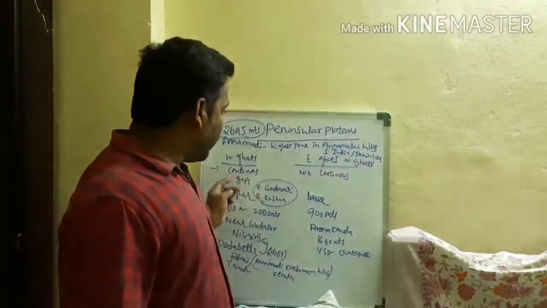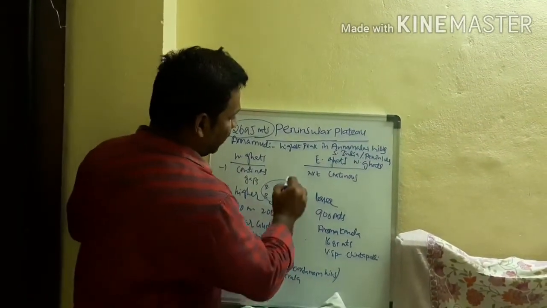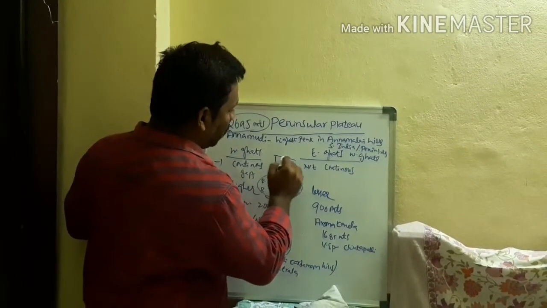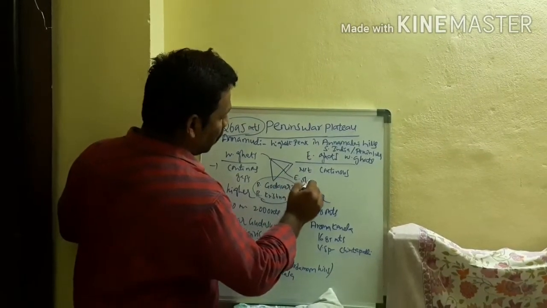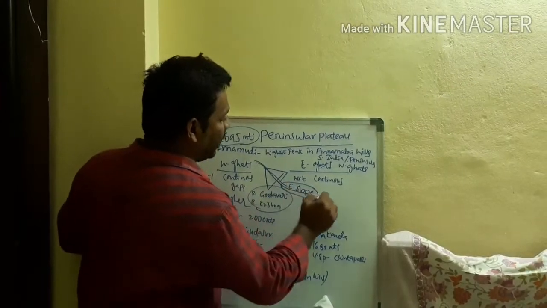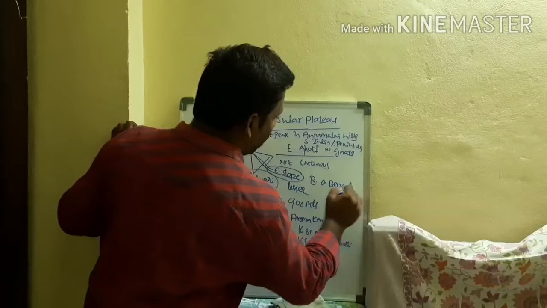The Deccan Plateau is slightly tilted, having a slope toward the eastern part. Due to this slope, most of the rivers drain into the Bay of Bengal only.